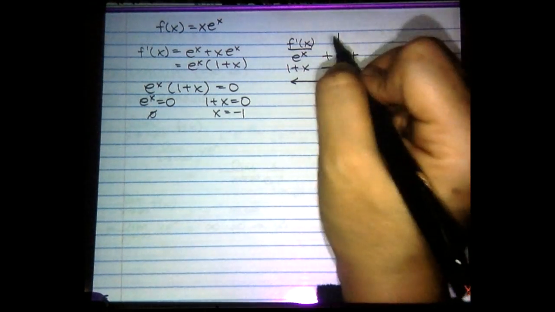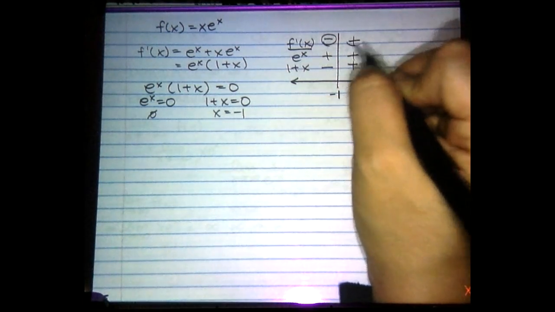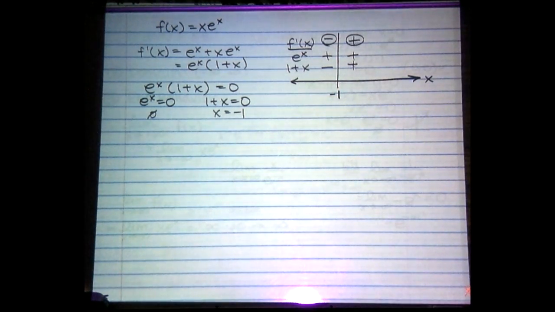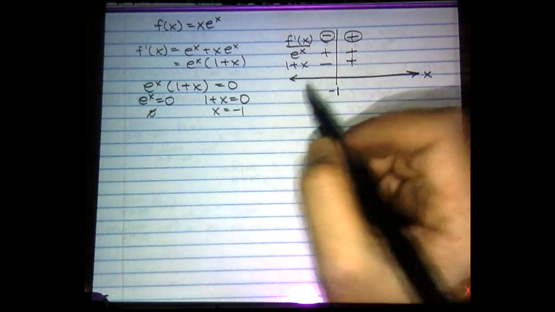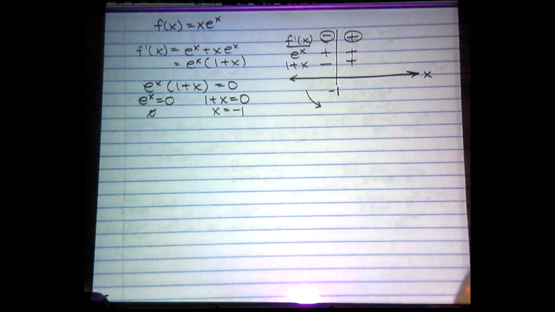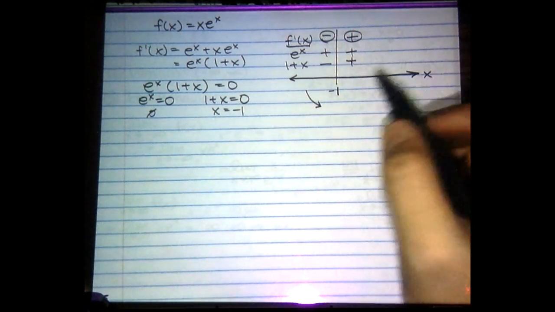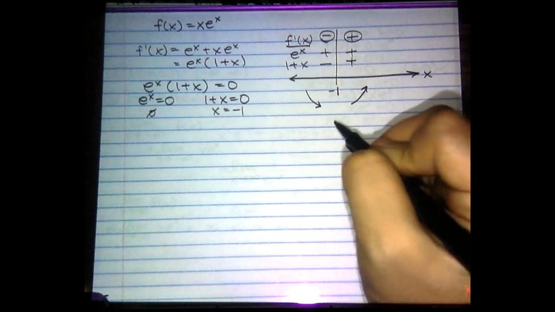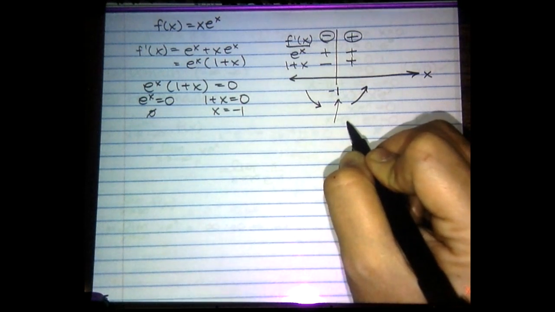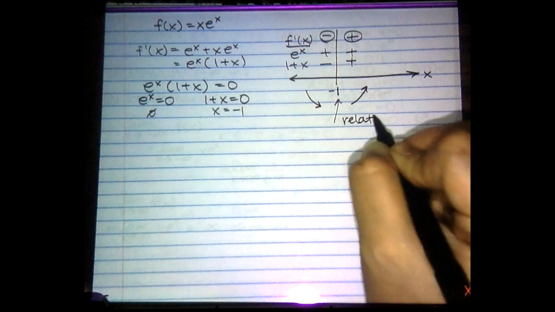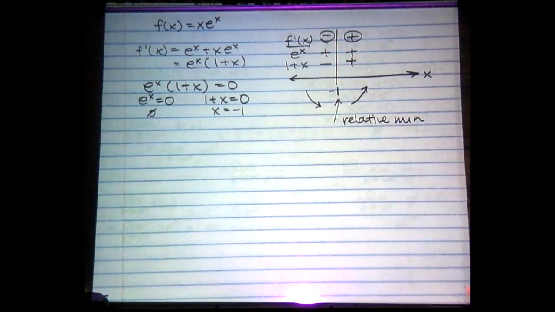And we're multiplying the two together, so f prime of x is negative, then positive. And so what does that mean? If f prime of x is negative, that means f of x is going to be decreasing. And if f prime of x is positive, then f of x will be increasing. Okay, that implies to us that we're going to have a relative minimum value at x equals negative 1.